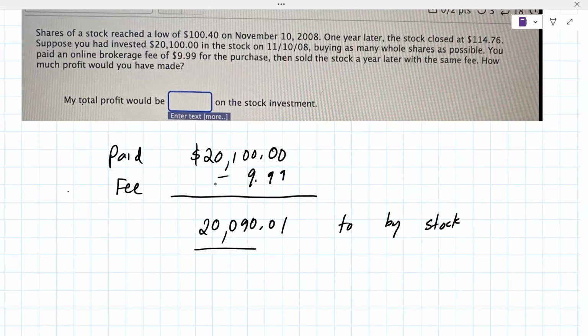Okay. And it's $100.40 per share. So you're going to divide to figure out how many whole shares of stock you can buy. I guess it must work out nicely. We'll see. So we're taking that $20,090.01, dividing it by $100.40, and it says you bought.